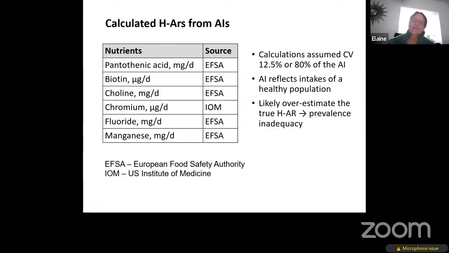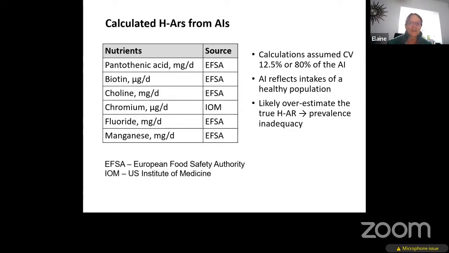The other thing they've done, which is very different, is that they've calculated what are called harmonized average requirements. An HAR is a harmonized average requirement, and that's the requirement to meet the needs of 50% of the people. So that's that EAR that we saw in that requirement distribution. And they've actually calculated some harmonized average requirements from the AIs.